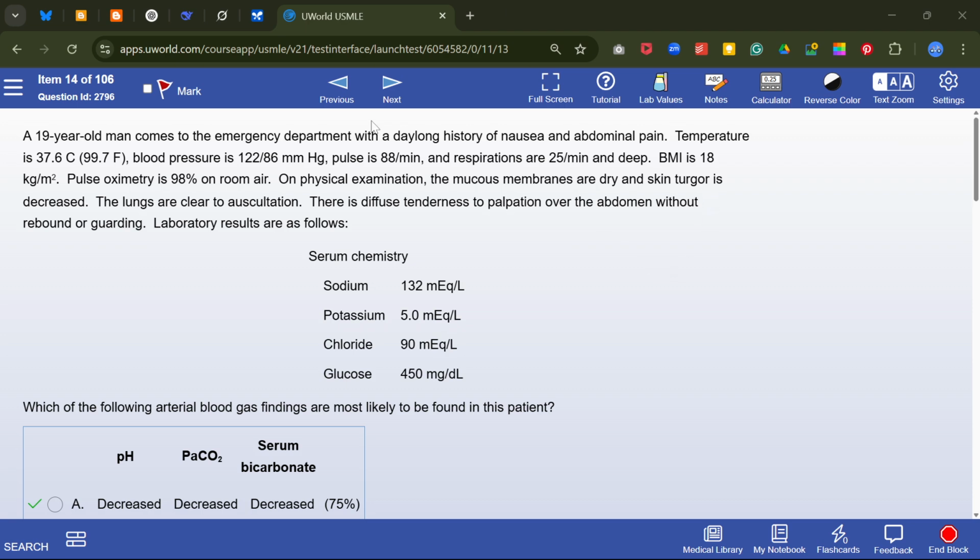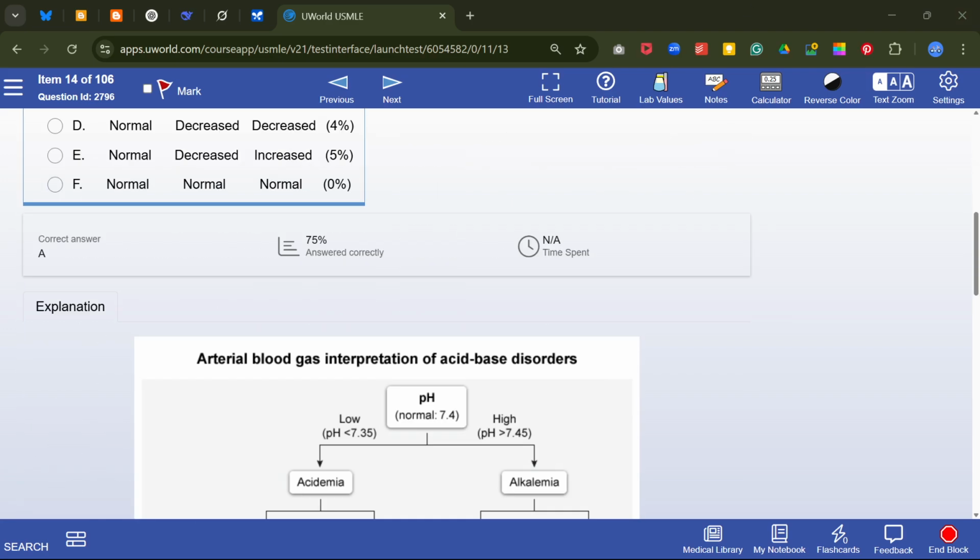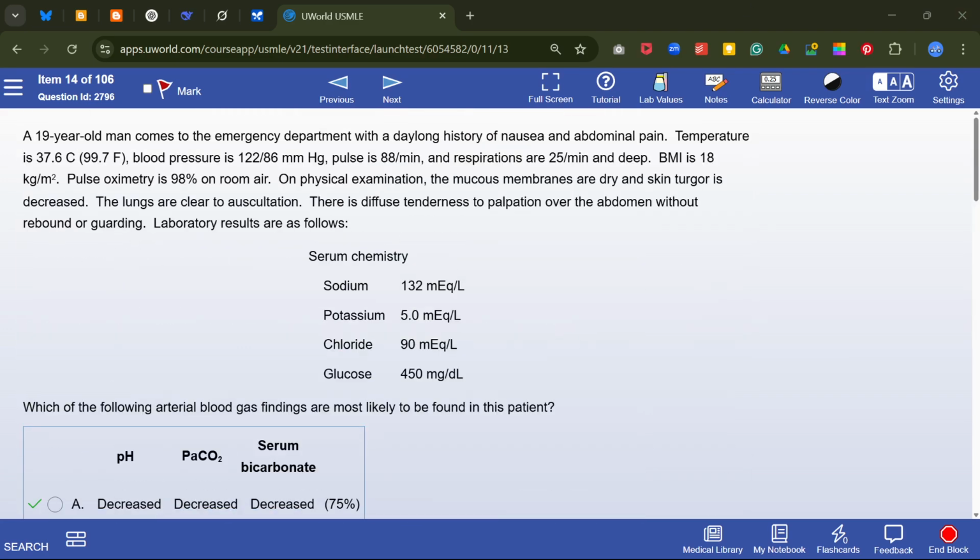This 19-year-old boy, physical examination, mucous membranes are very dry, skin turgor is decreased. There is diffuse tenderness on palpation. Sodium is 132, potassium is 5. As the glucose is higher, it looks like diabetic ketoacidosis. We know that DKA is HAGMA, high anion gap metabolic acidosis.